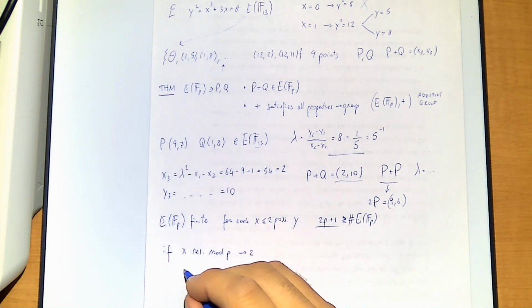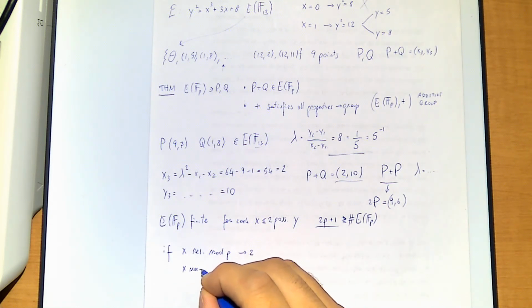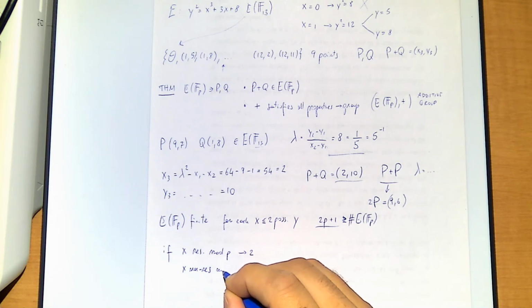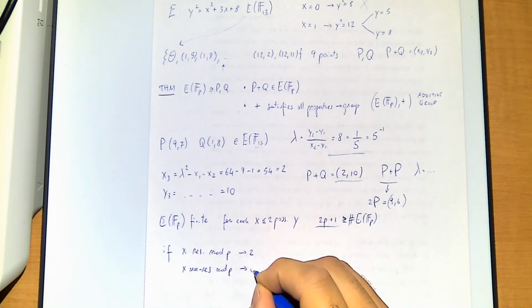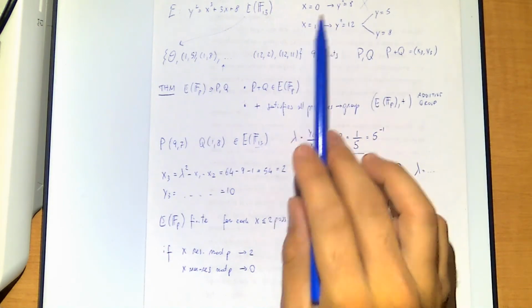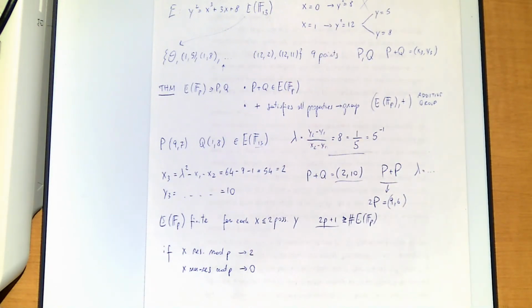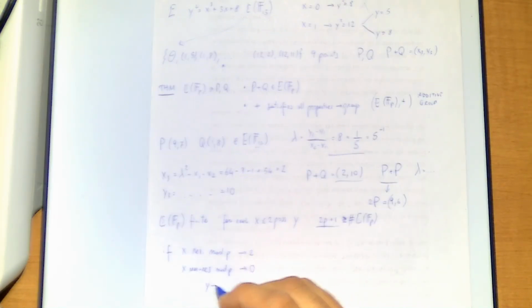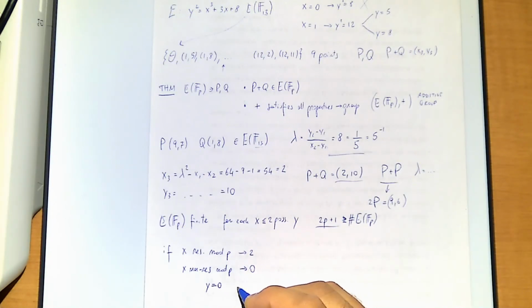Otherwise, x is a non-residue mod p, in which case we get no solutions, and that was the case with x equals 0 up here. Or otherwise, it may equal 0, in which case we do get 1 point. So otherwise, the solution leads me to y equals 0, which does give me a point, but this is very rare.